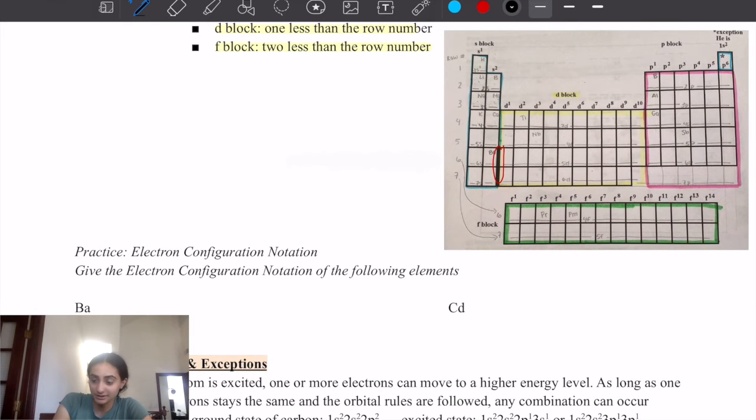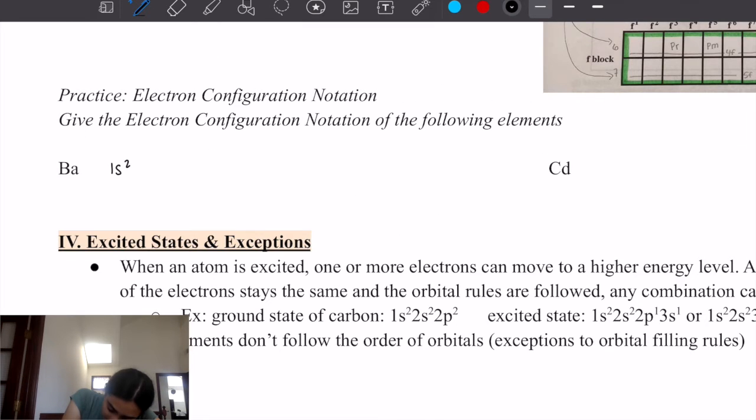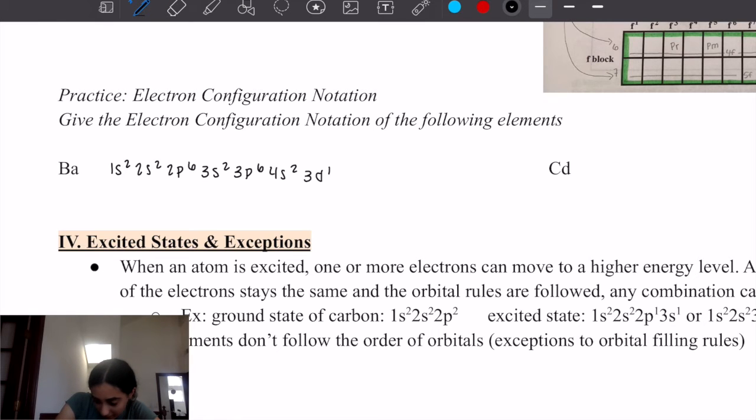Let's write the electron configuration notation for barium. So we will start with 1s2, 2s2, 2p6, 3s2, 3p6, 4s2. Remember the D block is 1 less than the row number, 3d10.